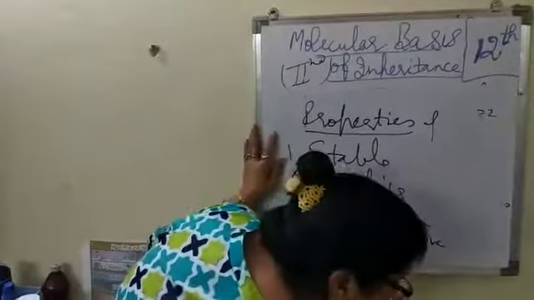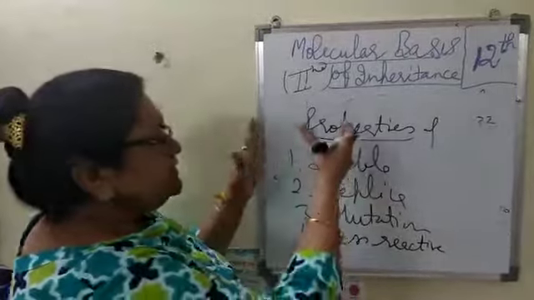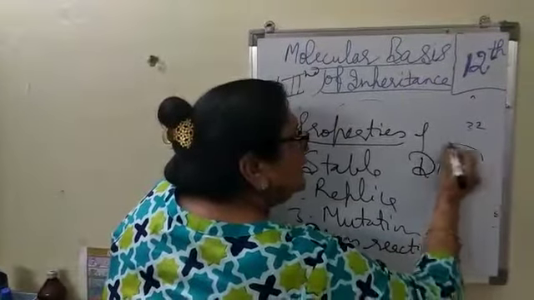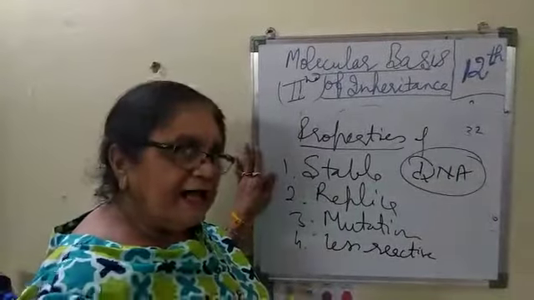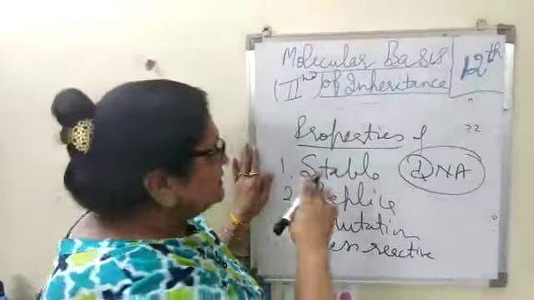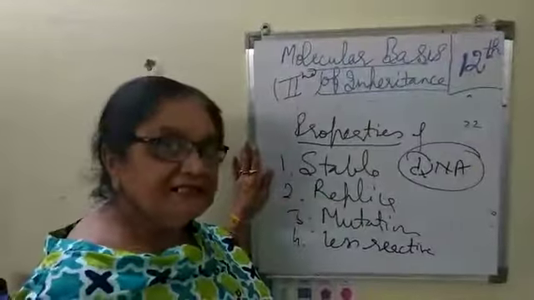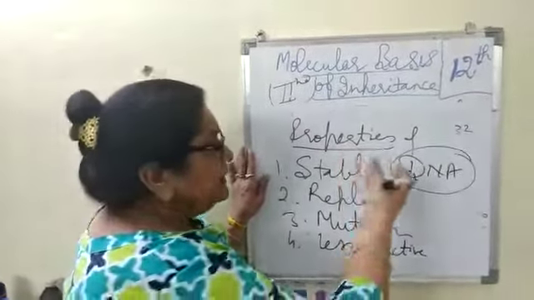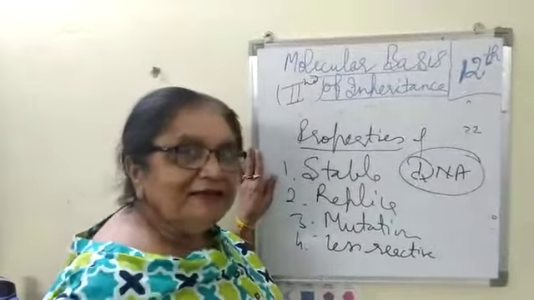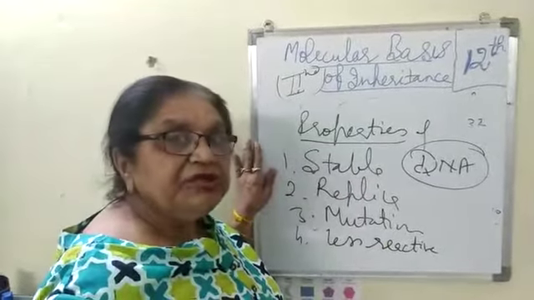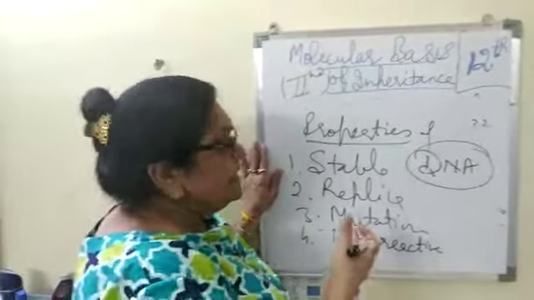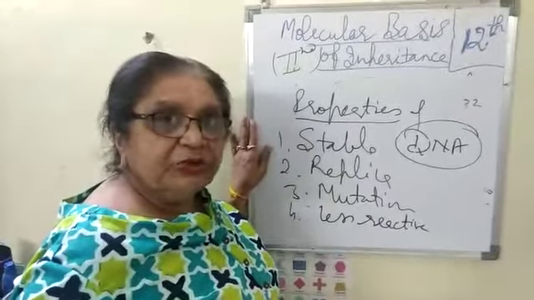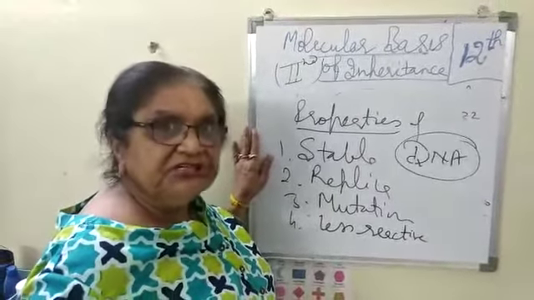So these properties are present in DNA. RNA also has this, but it is unstable. It is more reactive than DNA. DNA is double stranded, but RNA is single stranded. RNA mutates very fast, but DNA mutates at a slow rate. Mutations are sudden changes.